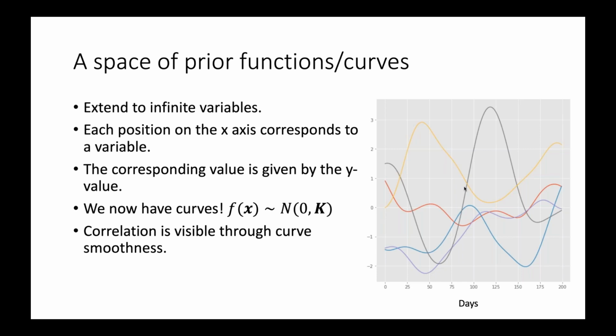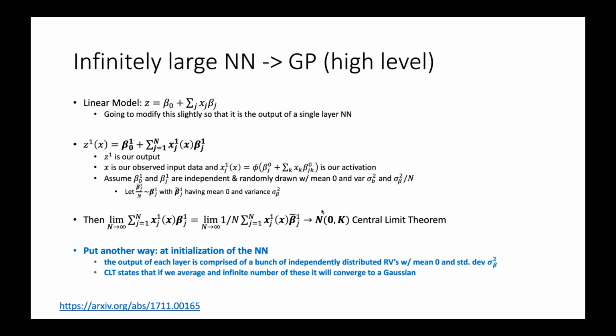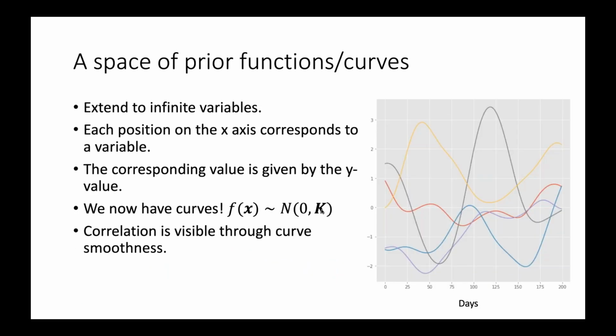And touching on what I just mentioned in terms of increased correlation being connected to increased smoothness, at least between proximal points, that's really coming from this matrix here. And so we're going to look at a couple of examples. I'm going to just breeze through this slide here, and it'll be available for reference.